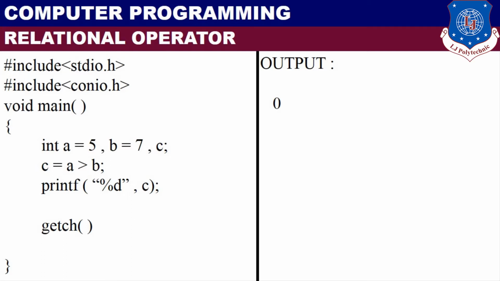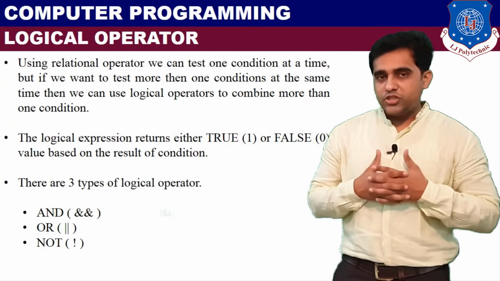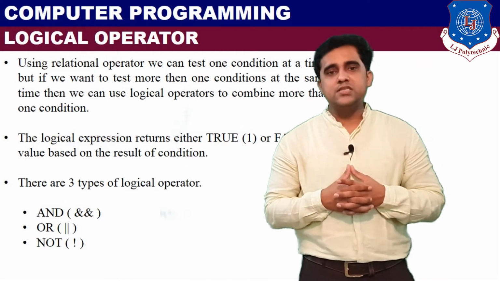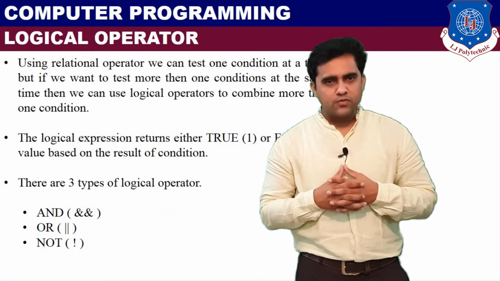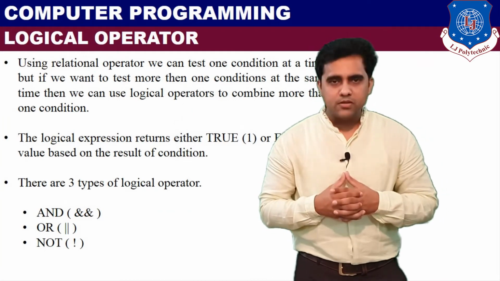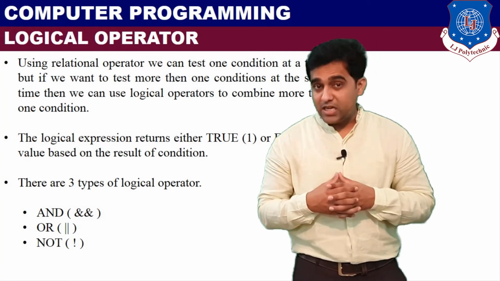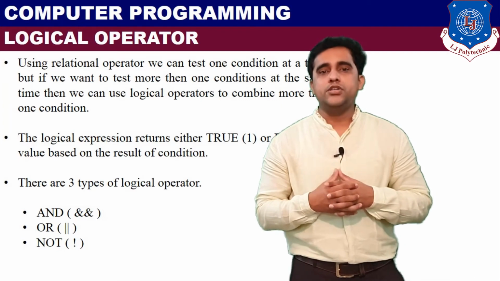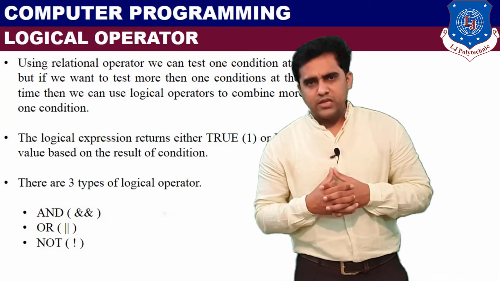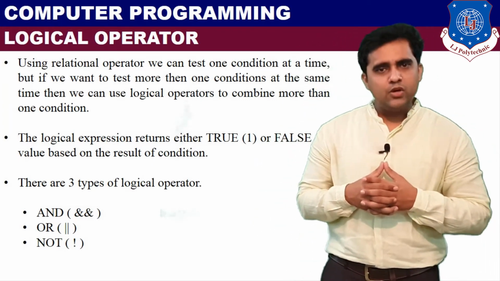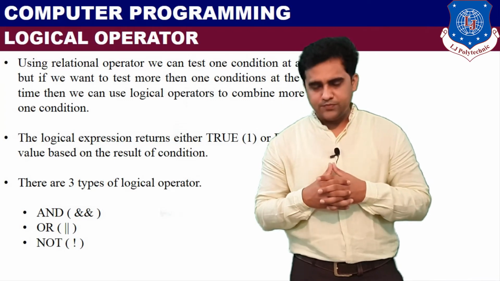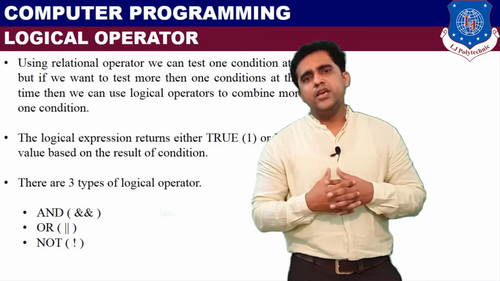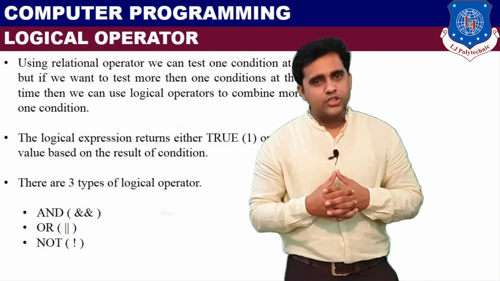Now let's move to logical operators. Logical operators are also used for comparison or conditions, but they combine two different conditions into a single condition. It will give you the answer as a Boolean value, 0 or 1. There are majorly 3 types of logical operators.